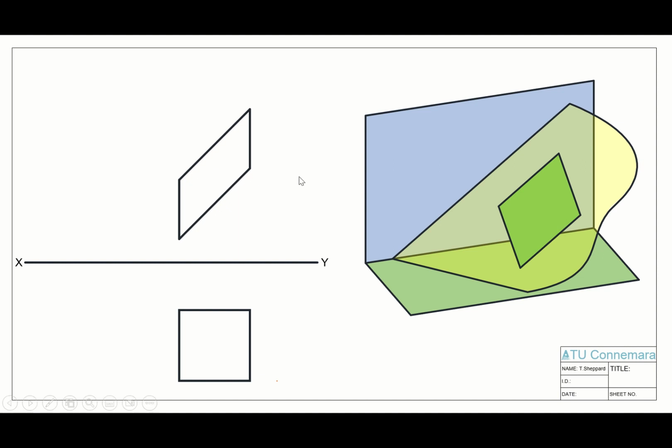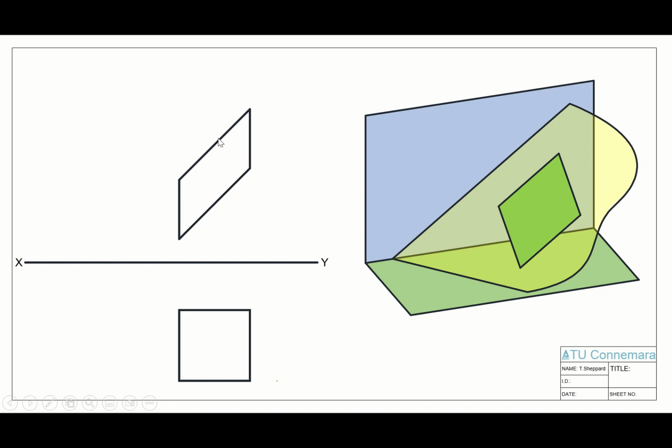You have to be careful about which edge you extend on. So for this question, I'm just going to extend on my edges here and here, and continue them on until they meet the horizontal plane. That'll give me my horizontal trace, which is our standard method one.